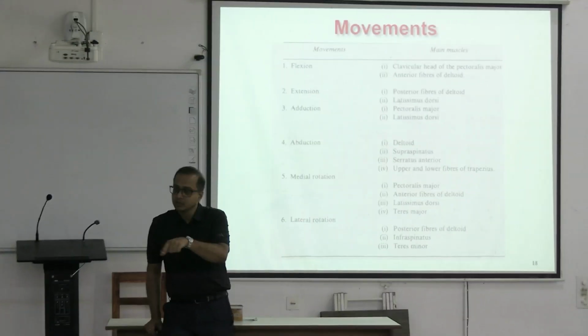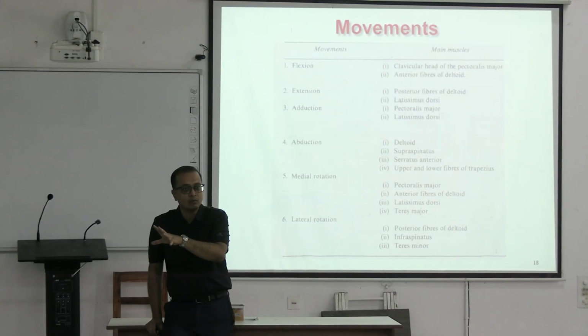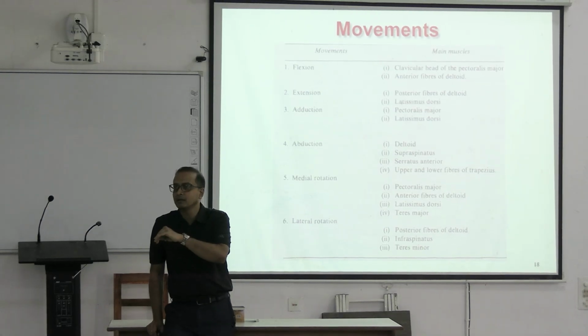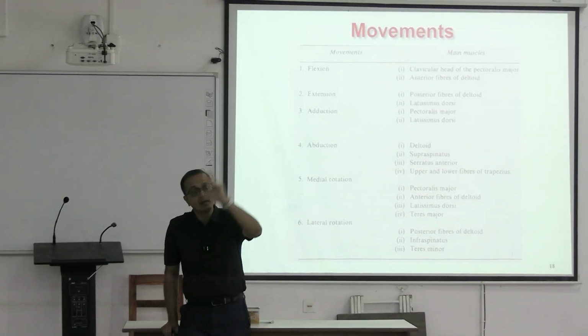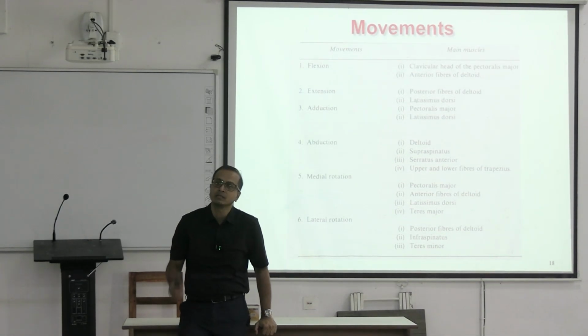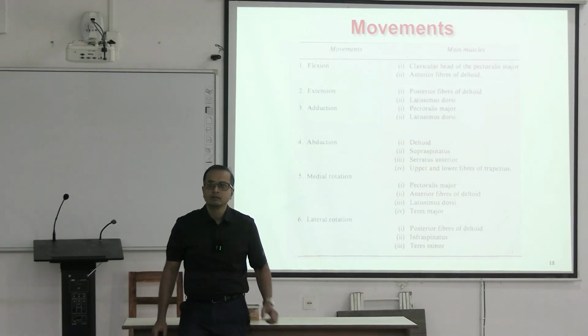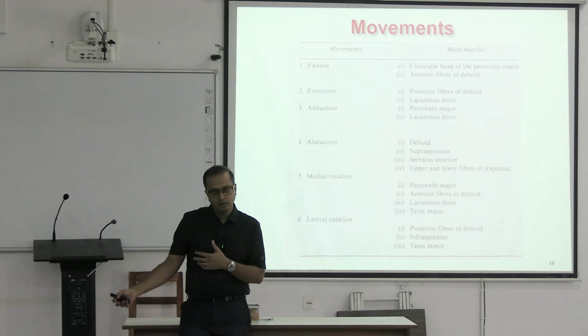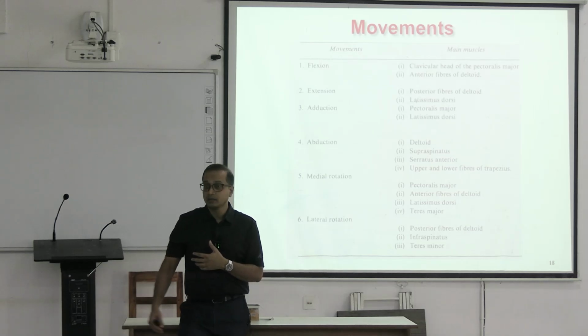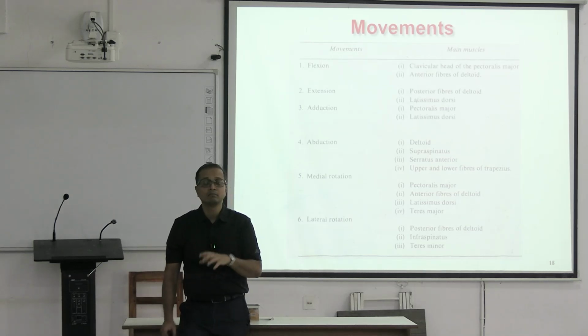Then the deltoid takes the maximum load, assisted by serratus anterior, the pushing punching muscle, and beyond 180 degrees it is the trapezius along with the deltoid. And this covers flexion, extension, abduction and adduction, medial rotation and lateral rotation.